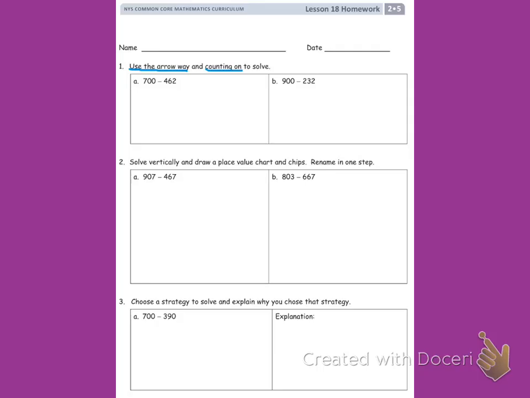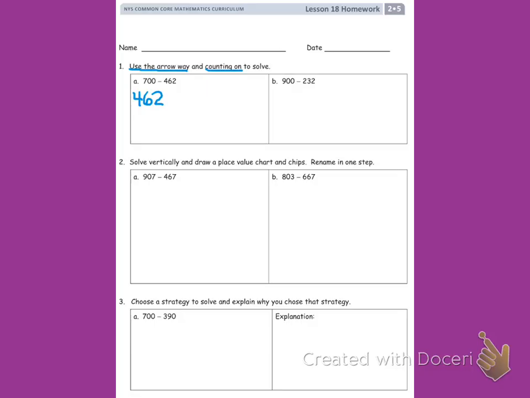Item A. 700 minus 462. When using the arrow way, you start with the number 462 and begin counting on. Looking at the number 462, I see that there is 2 in the ones place.